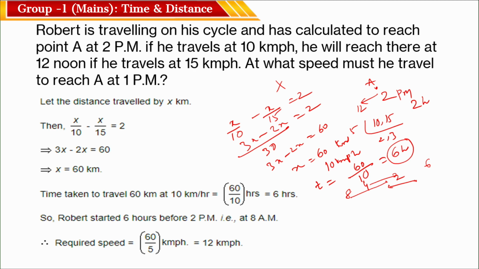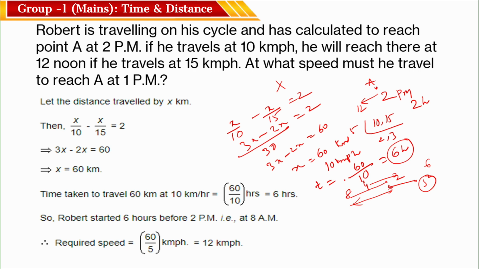But what is the required one here? At what speed must he travel to reach at 1 p.m.? 1 p.m. means the time taken to reach the point becomes 5 hours.